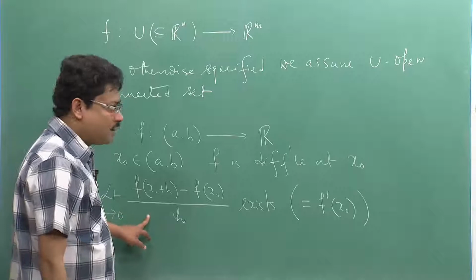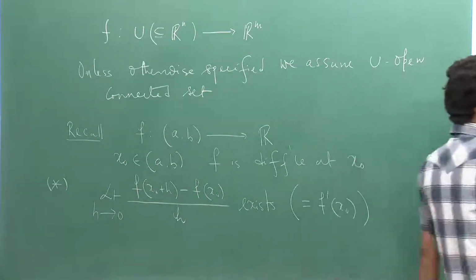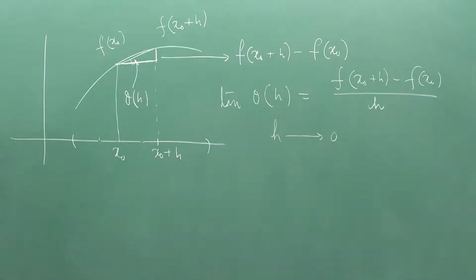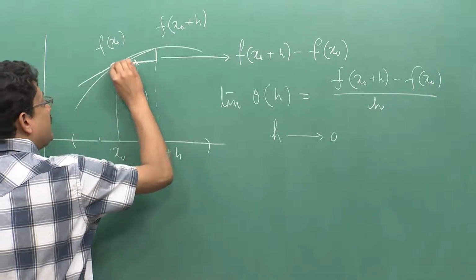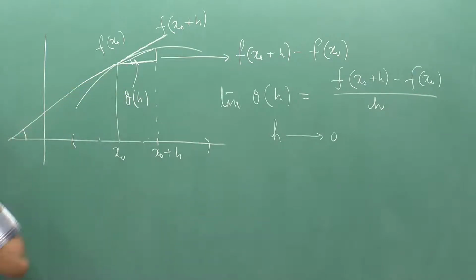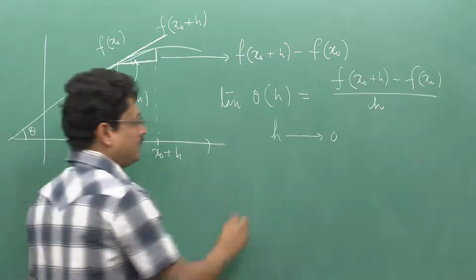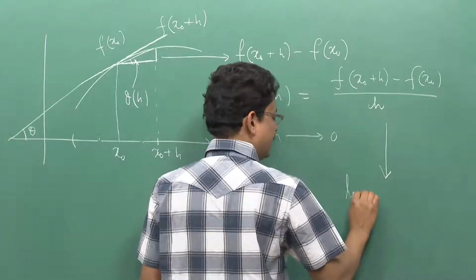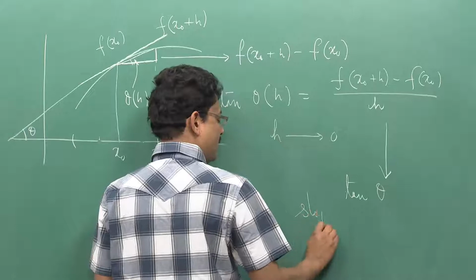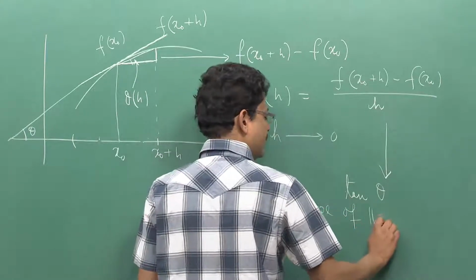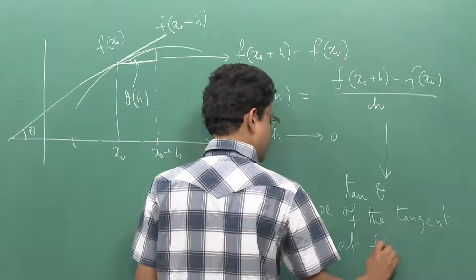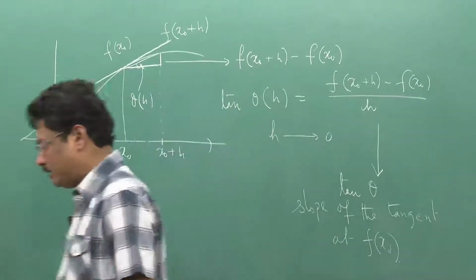Oh, well, as h goes to 0, this ratio goes to tan theta, which is the slope of the tangent at f of x naught. This is the geometry behind this definition.